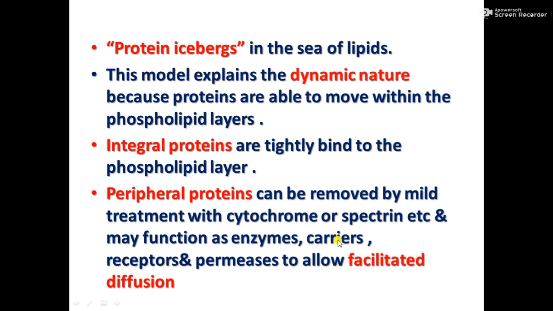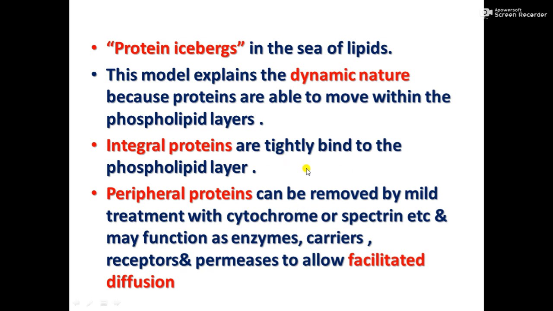Some of them are carrier proteins, some are receptor proteins to receive the material, and some are permeases which allow facilitated diffusion. So this is a detailed structure of the fluid mosaic model of the cell membrane.